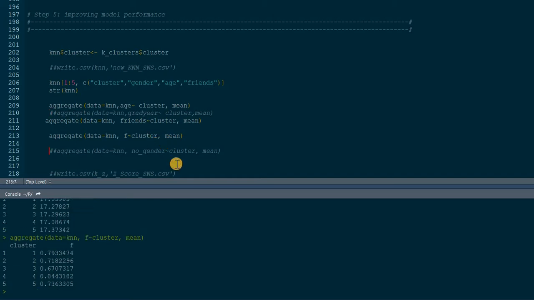Let's look at female. The first cluster is about 80% female, whereas in the fourth cluster about 84% are female. So this data set is quite female dominated.